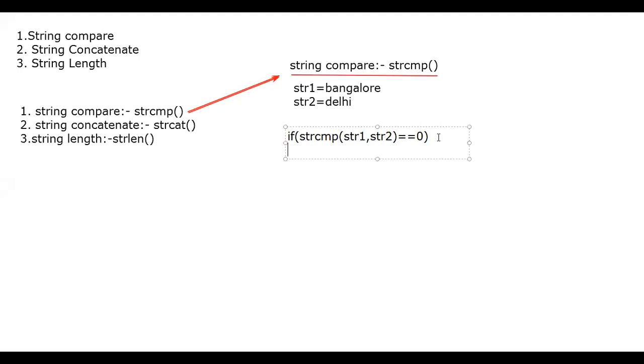If it is equal to 0, then printf displays "Strings are equal". Else, printf "Strings are not equal".